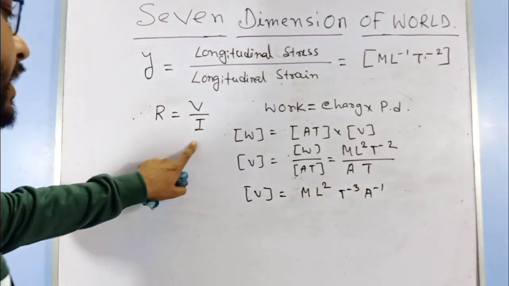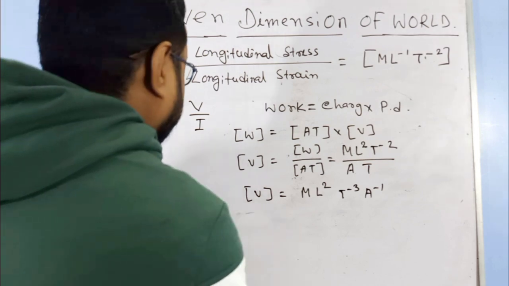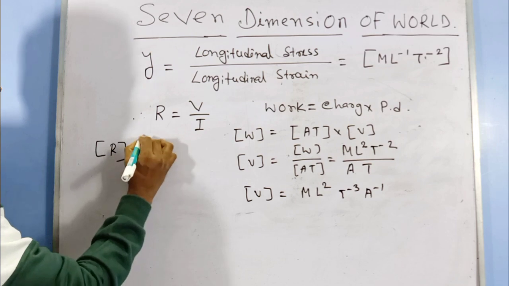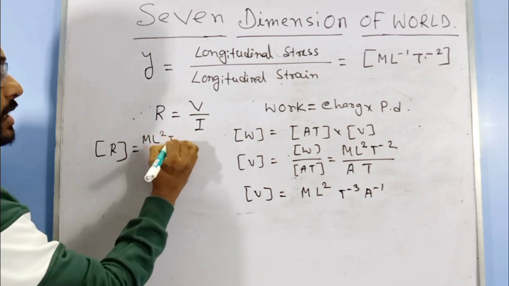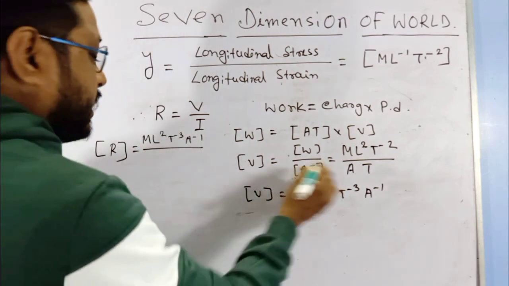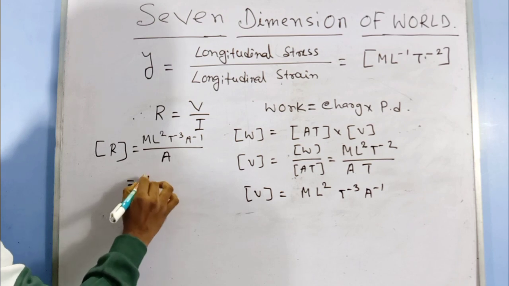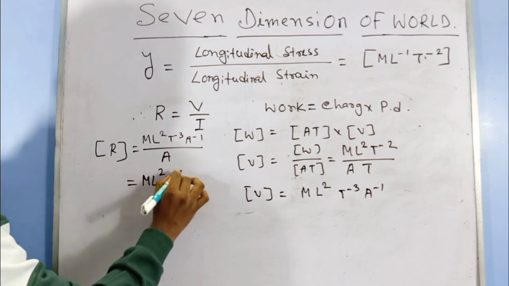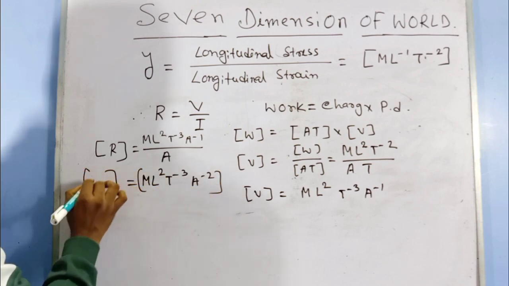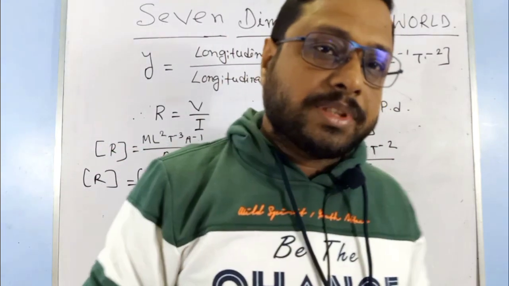Now divided by I, which means A, the dimension of R equals M L square T minus 3 A minus 2. I hope you understand how we can derive the dimension.